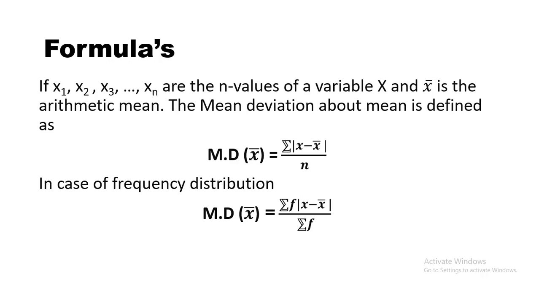This doesn't mean that you take the absolute value of x minus x bar and directly multiply it with summation f. No, this f is multiplied with the absolute value of x minus x bar, and then we use the summation operator.